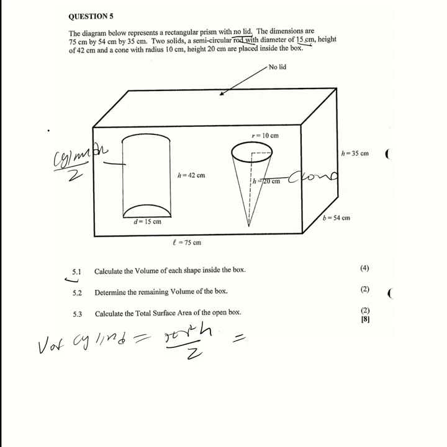We divide this by 2 because it's a semi-cylinder, so it's pi times the radius squared. The diameter is 15, so we divide by 2 to get the radius, which is 7.5.